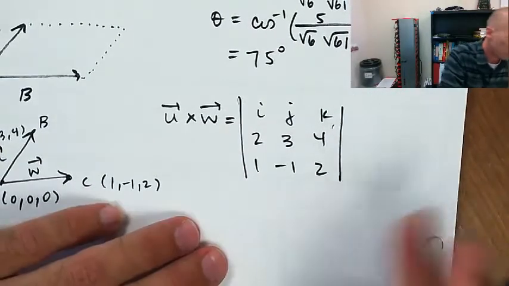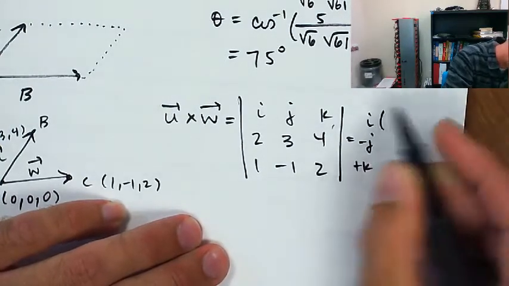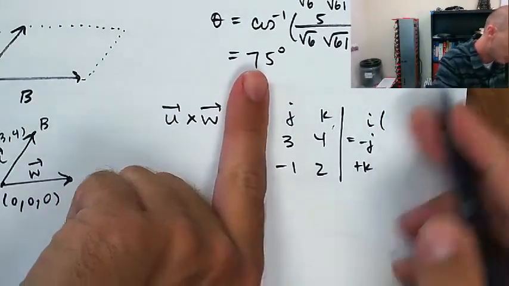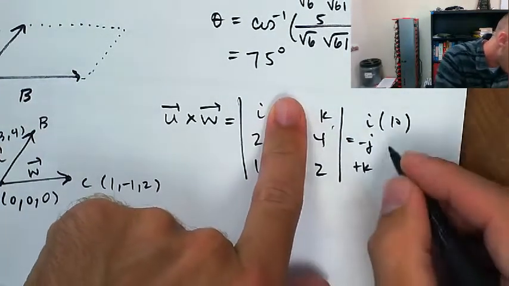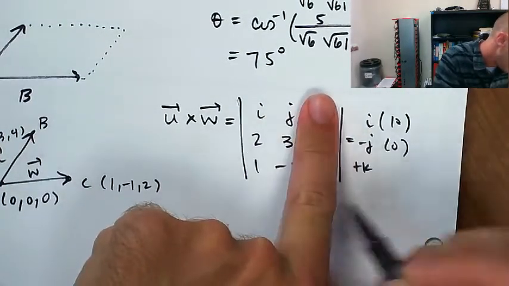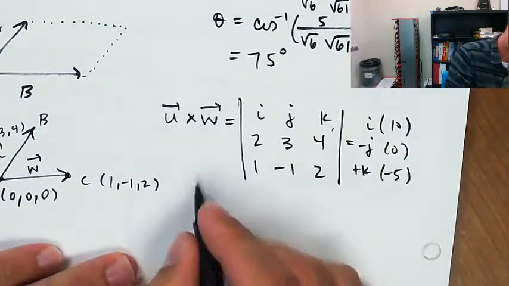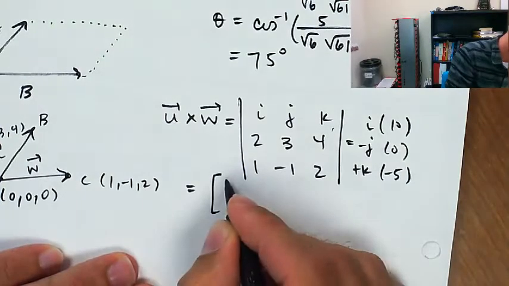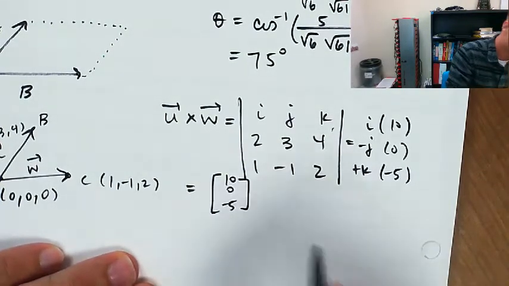Okay, can't quite see all of that. All right, so 6 minus negative 4, 4 minus 4, and negative 2 minus 3. All right. 10, 0, negative 5.